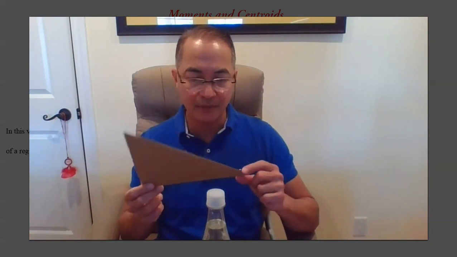Okay. Now, what if you have something like a right triangle? Okay, so this one's a little bit trickier. If it were a complete rectangle, we'd put it at the center. Obviously, that's not going to work. So let's see. Should it be closer to the right side or the left?